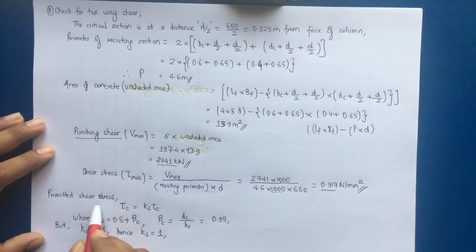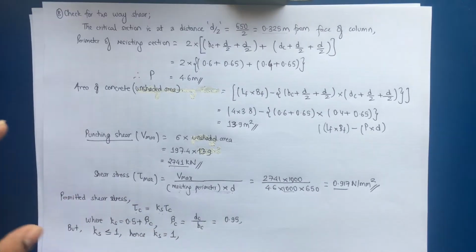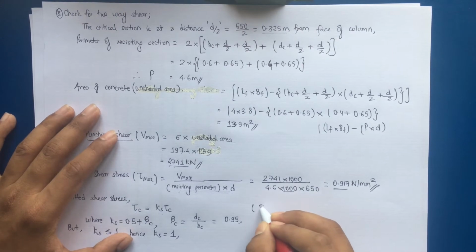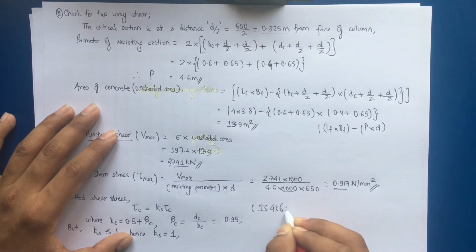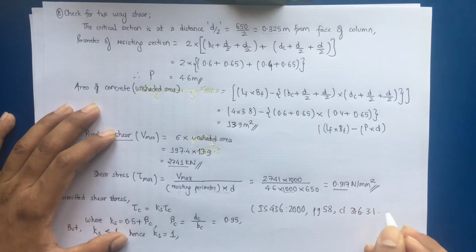So the permitted shear stress is Ks into tau c. This is from the IS code, IS 456 2000, page 58, clause 31.6.3.1.